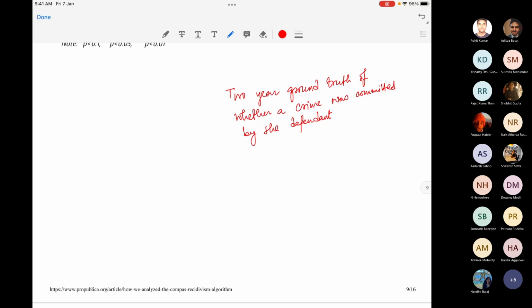And they also had the COMPAS score at some earlier point for the defendant. Now, what do you think they are going to study? Any thoughts? Again, we will assume it's binary, low versus high.